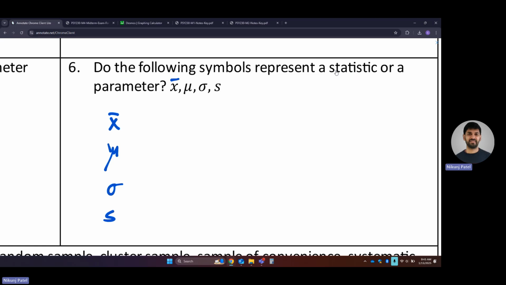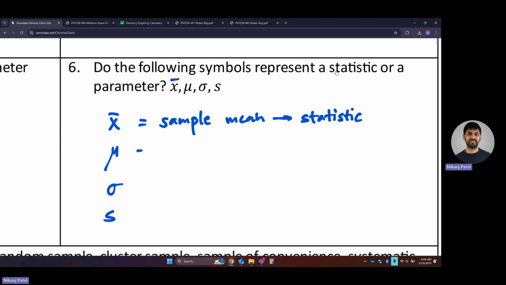So starting with X bar, that is the sample mean. I know it only asks which one goes with the statistic or which one goes with the parameter. So talking about what it goes along with has to do with whether it goes with the sample or a population. So for example, X bar goes with the sample and it's a mean. So that would be calculated to be a statistic.